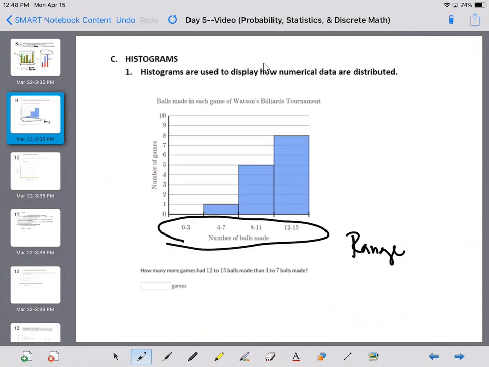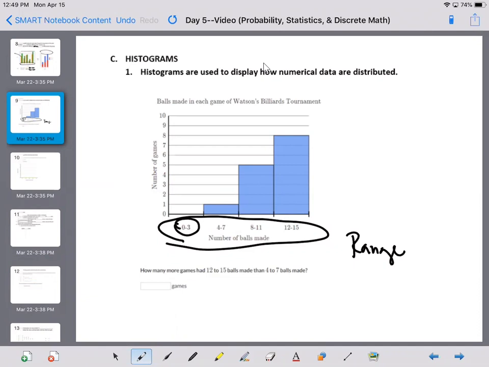This is continuous because, now the number of balls, you're not going to have really 1.5 of the balls made. However, if you had something that was in a measurement, it could be time in seconds or in minutes, it could be distances. Those types of measurements are continuous, which would allow you to have 2.5 or 3.25 or whatnot, as long as it falls within a certain range.